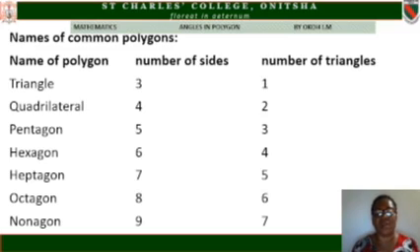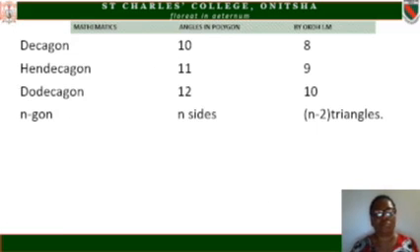We get the number of triangles by saying n minus 2, meaning number of sides minus 2 will give you the number of triangles. The next one is an n-gon, that is an n-sided polygon. We say that it has n sides and the number of triangles is n minus 2, which will give you the number of triangles.